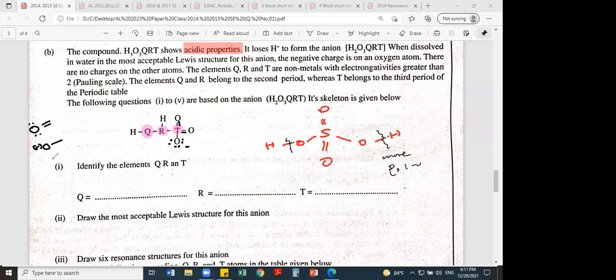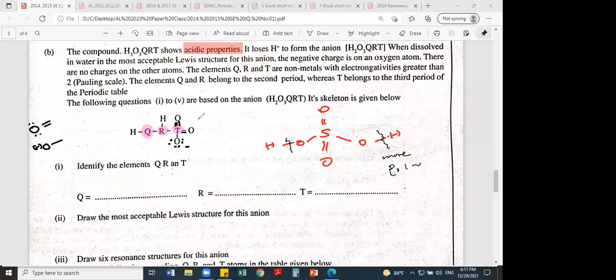Sometimes oxygen can have three bonds, which is the most unstable one, with a plus charge. Oxygen is mostly more stable with a double bond, if not with a single bond. Triple bond and others are highly unstable. Right.